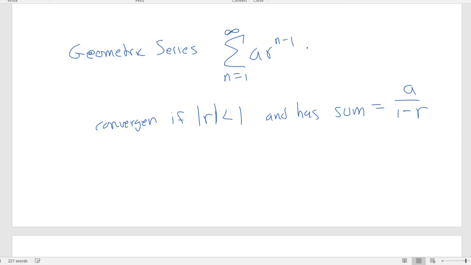And again, remember, a is the first term in that series, and r is the common ratio. So really nice, clean result, and we'll use that quite a bit in the near future.